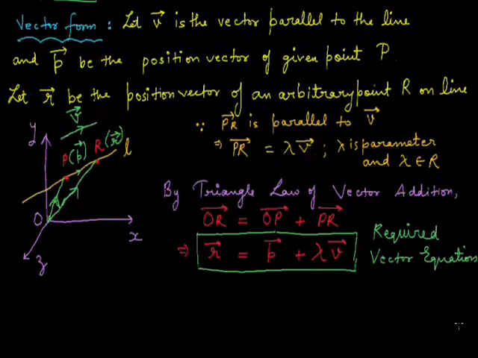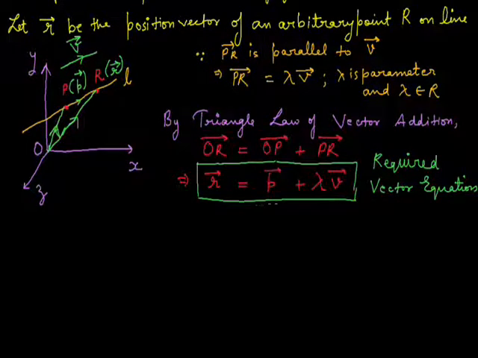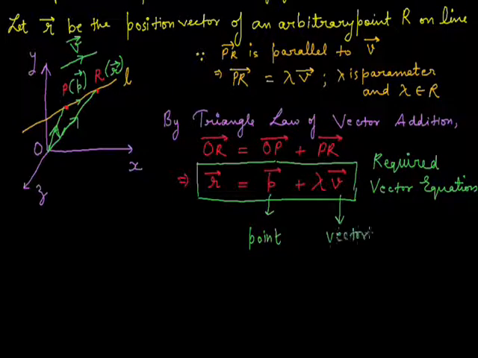Now just to memorize it, you can observe that I've written it like this. R vector equals P vector plus lambda times V vector, where P here denotes the position vector of the point and V here denotes the parallel vector. So to write the vector equation of a line, we just need the position vector of the given point and a vector parallel to the given line.